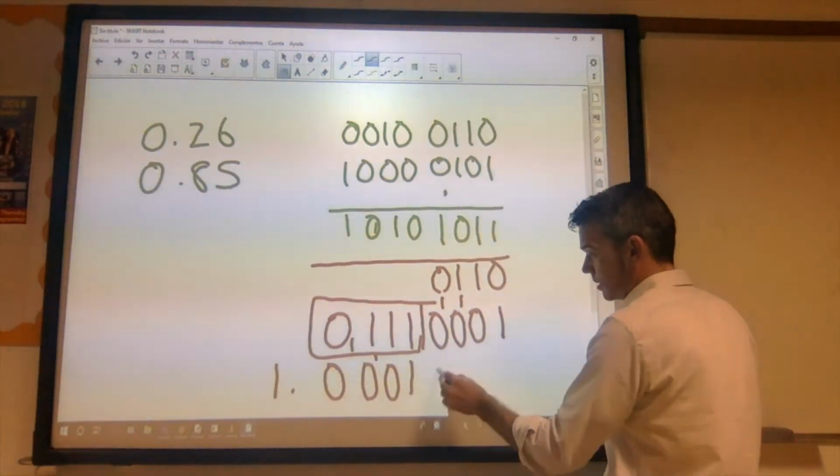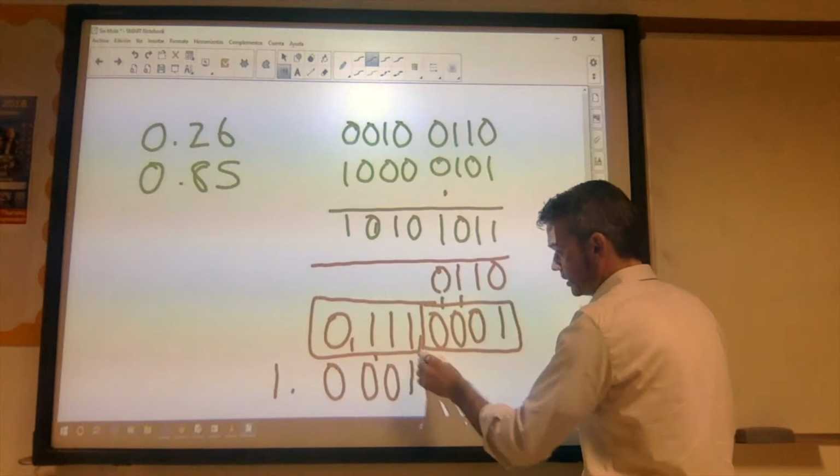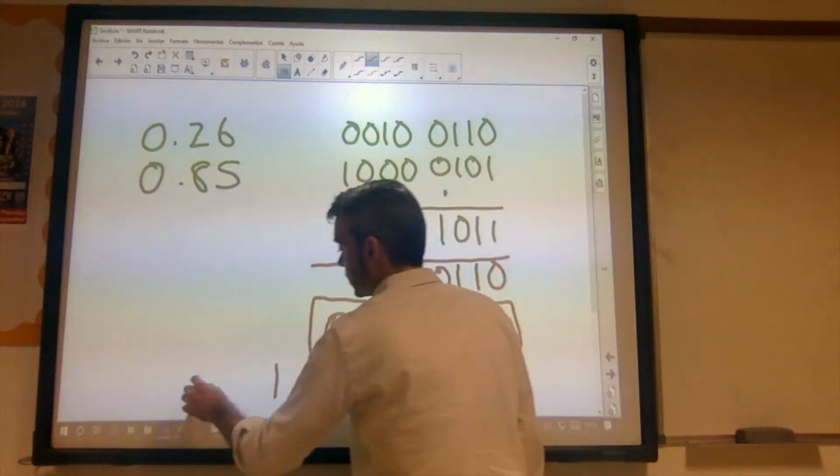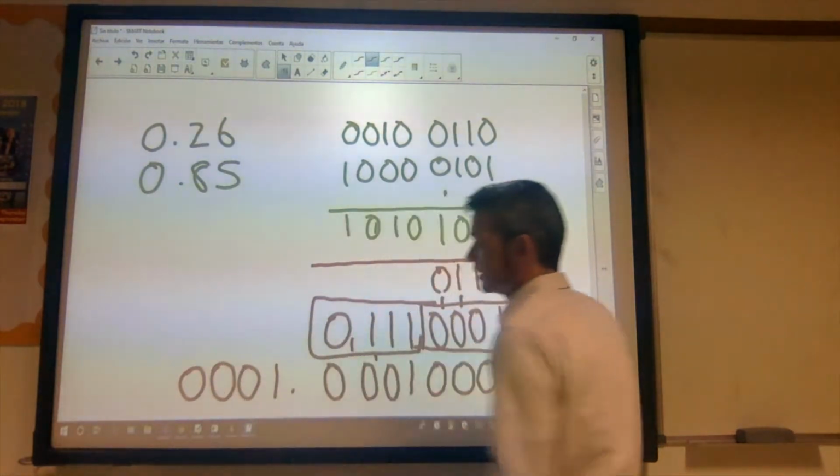And we bring the result from the previous calculation down, with the leading zeros.